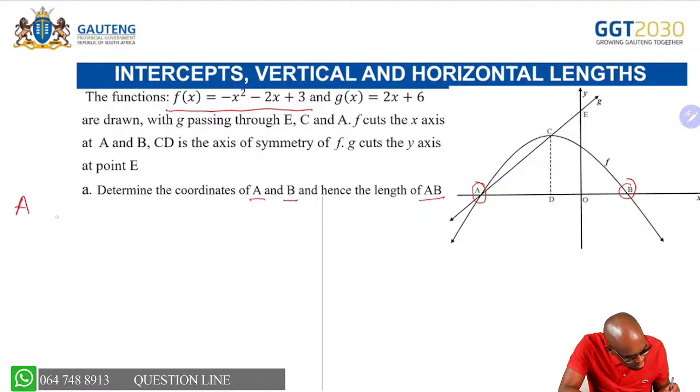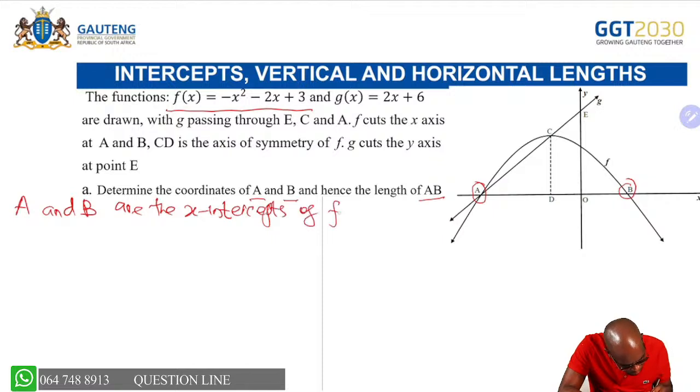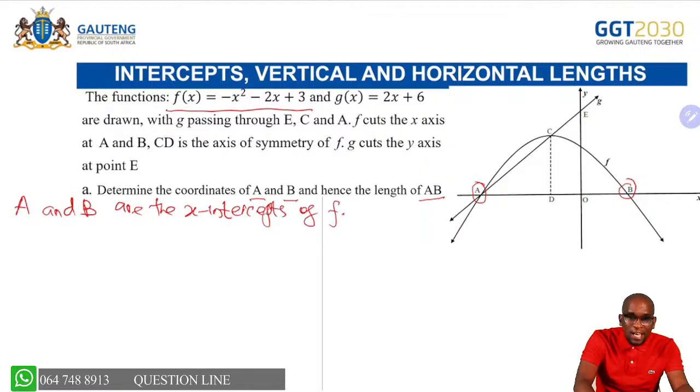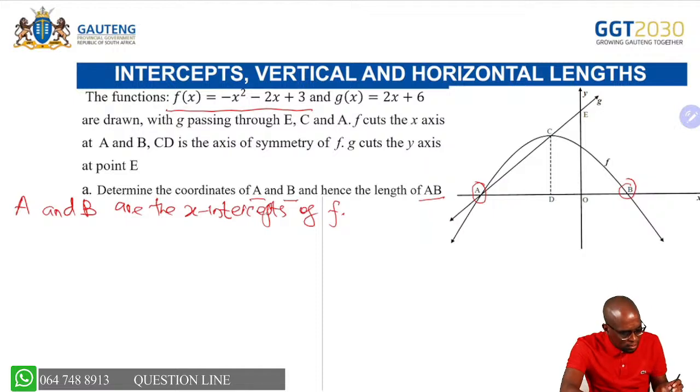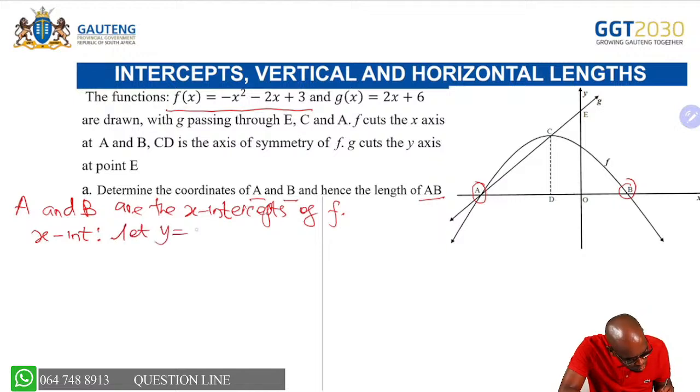I'm indicating here that A and B are the x-intercepts of f. If they are the x-intercepts of f, how do I find the x-intercept? For the x-intercept, I let y be equal to 0. So that's how I find the x-intercept.